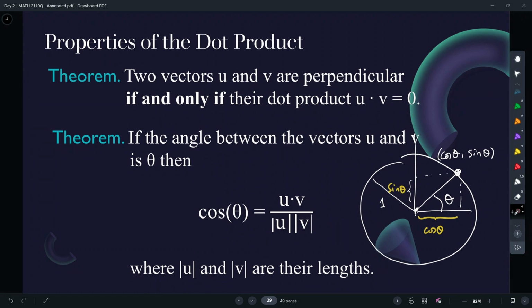It could have been that the angle is like 3 pi over 2. How much is that one? 270, right? But that just means I flipped my vectors. If two vectors are at 90 degrees, and I consider from here to here, or if I flip them, they would be at 270 degrees if I measure the other way.